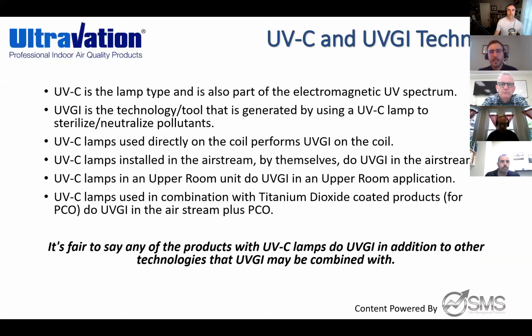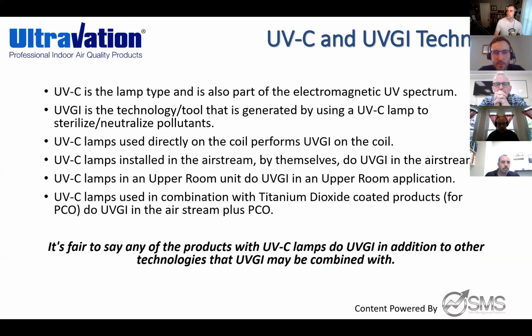So UVC and UVGI technology, we did speak a little bit about this, but just to lay it out a little bit more in simplistic terms, UVC is the lamp type and is also part of the electromagnetic UV spectrum. UVGI is the technology, the tool that is generated by using a UVC lamp to sterilize or neutralize pollutants.